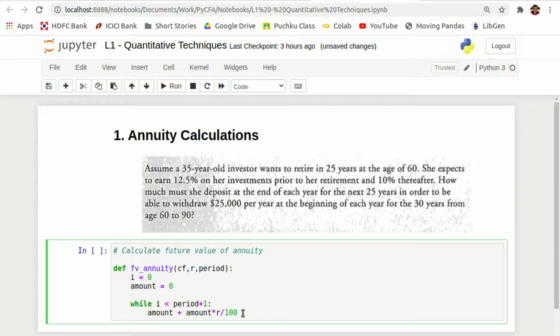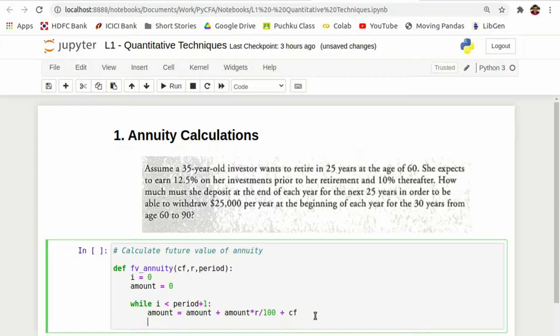And I also earn the cash flow for that year. So at the end of the year, this is how much I have, right? And my year increases by 1.